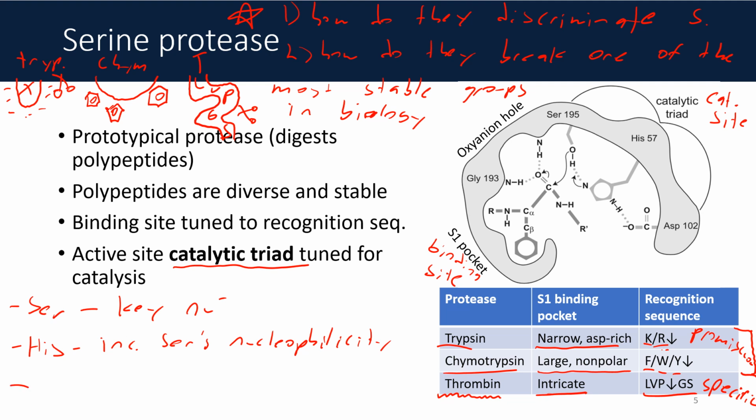Aspartate, the third player in this triad, its job is to help orient histidine so that it is near serine and it's able to do its job. You can see our three players positioned to each other in the following schematic.